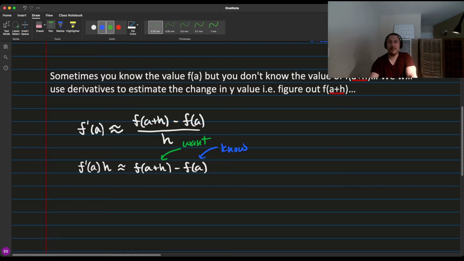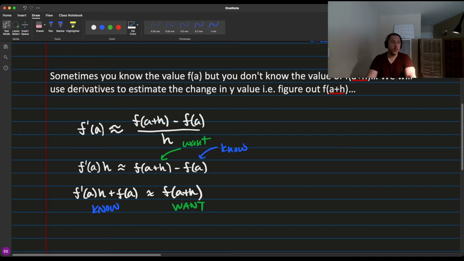So if you add f of a to both sides, you now know what f of a plus h is approximately equal to. So you want to know this value, and you have an approximate formula for it. f of a plus h is going to be approximately equal to f of a plus the derivative at a times h.